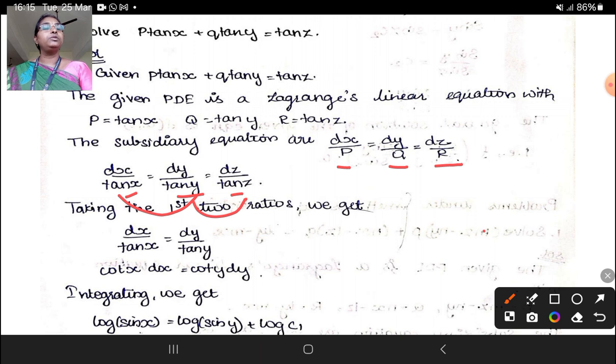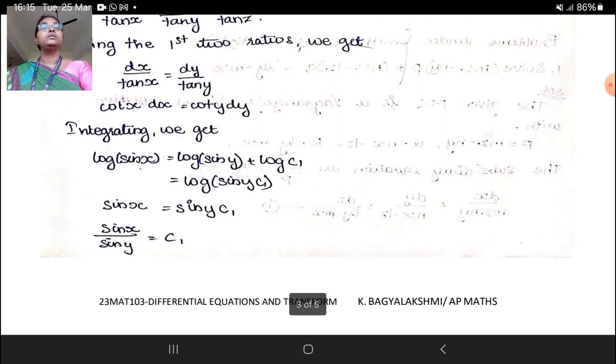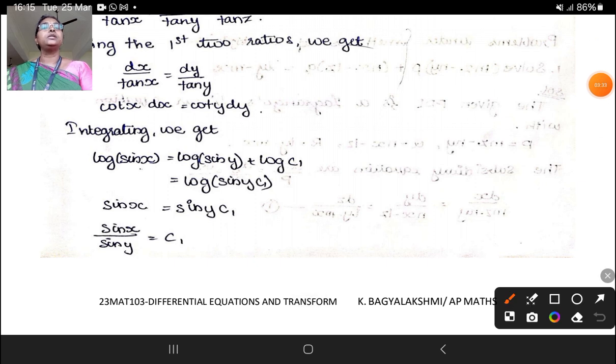From the first two ratios we can write dx by tan x equal to dy by tan y. This 1 by tan x we can write as cot x, so cot x dx equals cot y dy. Integrating on both sides, the integral of cot x is log of sin x, and the integral of cot y is log of sin y. The constant we also write as log c1.